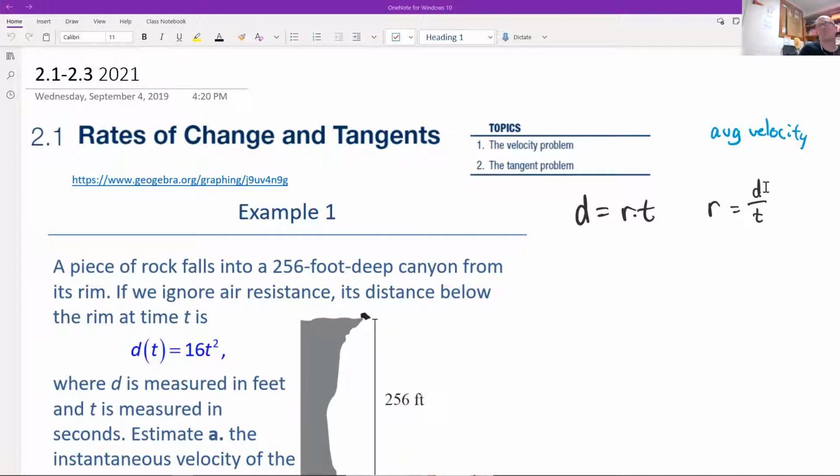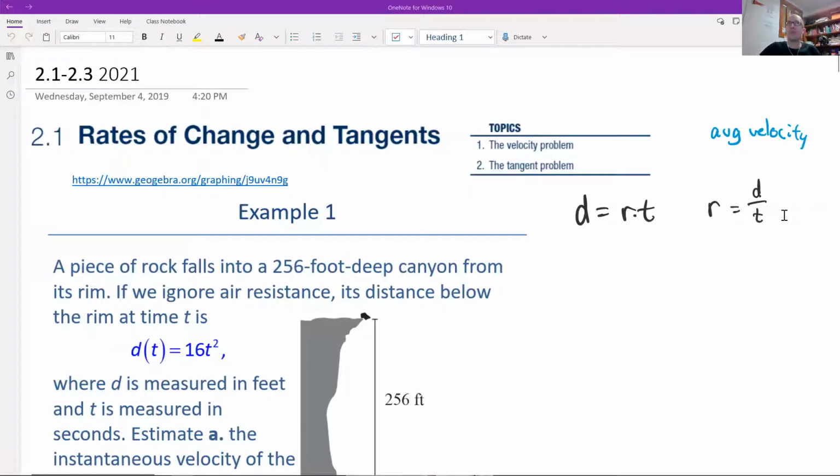Whereas cars have these cool things called speedometers. And the speedometer is giving you an instantaneous velocity. At any given moment, ideally, your speedometer would be giving how fast you are truly traveling.